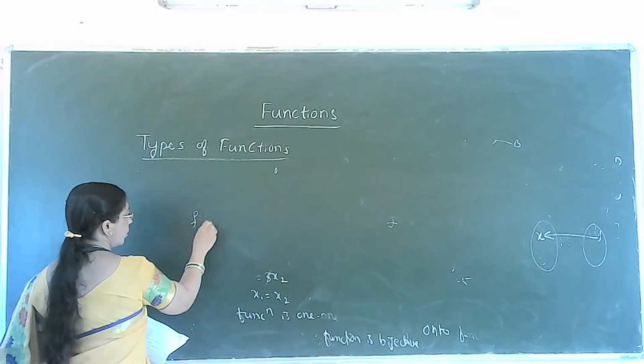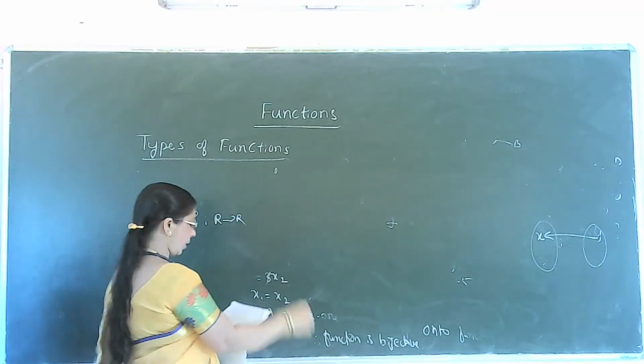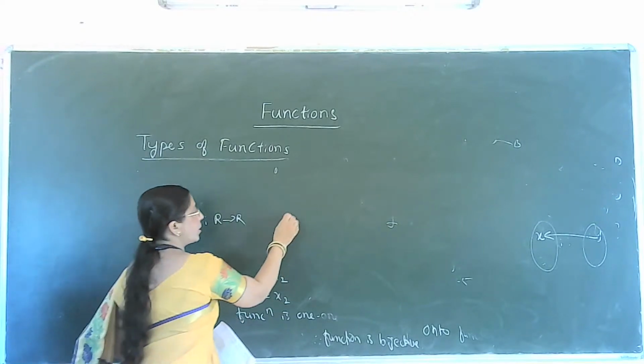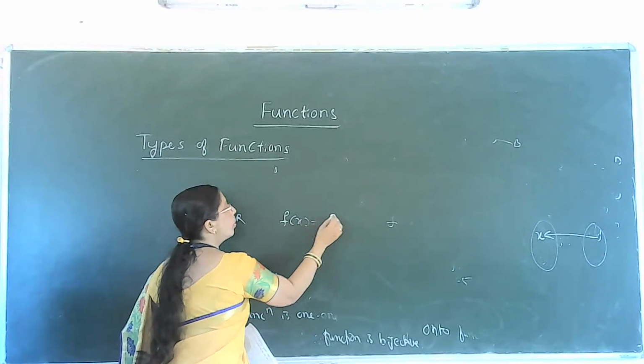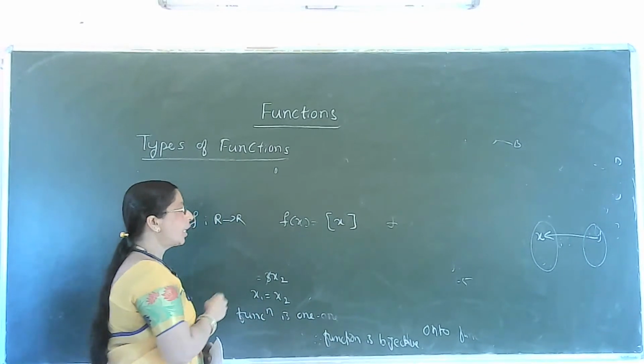Consider a function from R to R defined by the greatest integer function, f of x equal to the greatest integer of x.